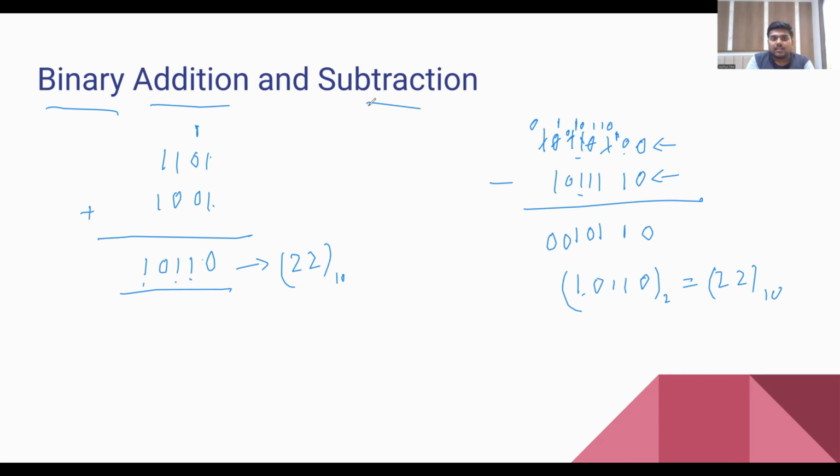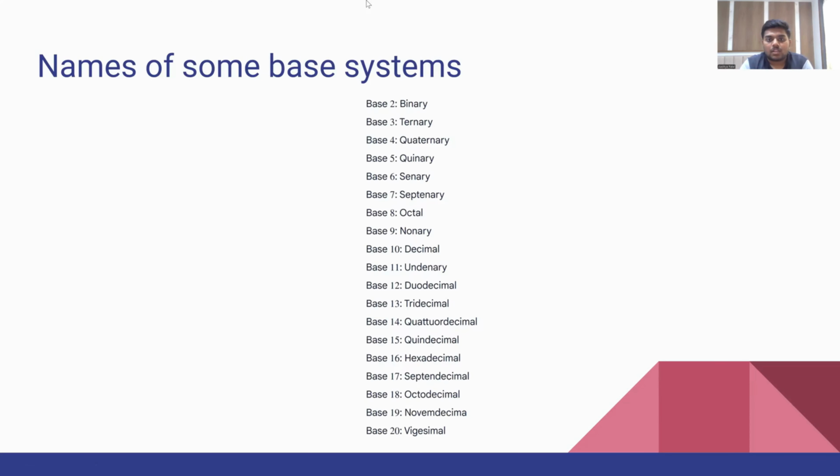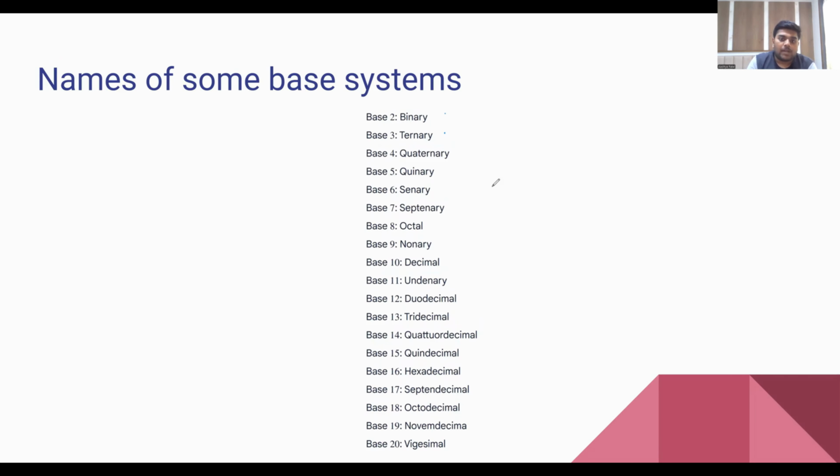And lastly, the naming convention for different base systems is like this. Base 2 is called binary, base 3 ternary, base 4 quaternary, and so on. So you can keep these names in your mind.